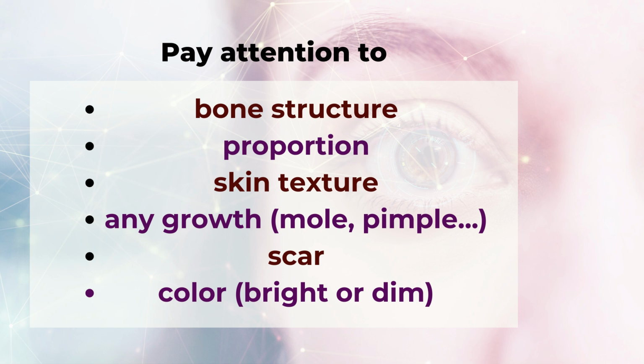Some might have more protruded bone in certain areas and more depressed in certain areas. They can all mean different things. Another one is to look at the proportions. Maybe the skin and texture looks normal, but overall it's out of proportion. They can all mean different things.